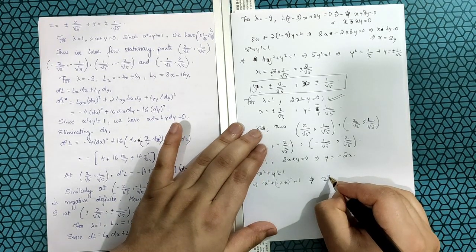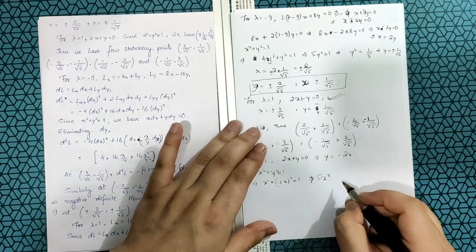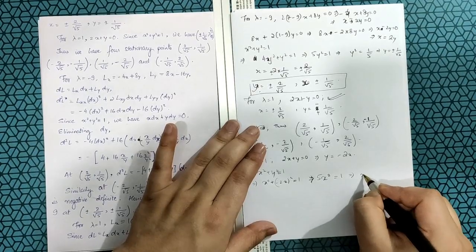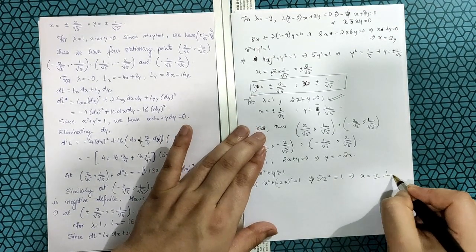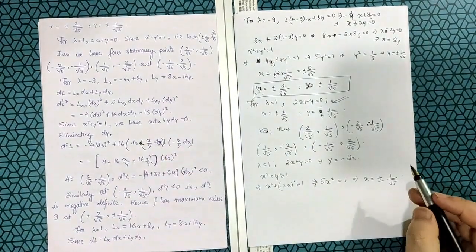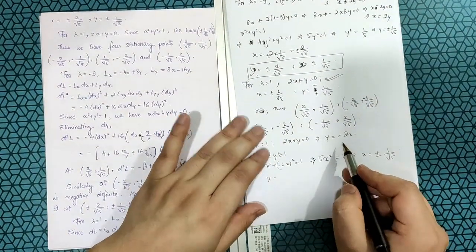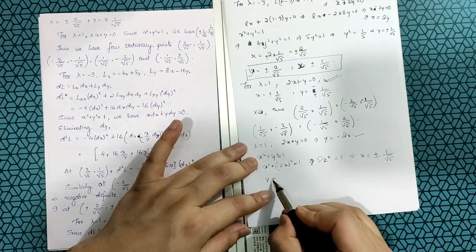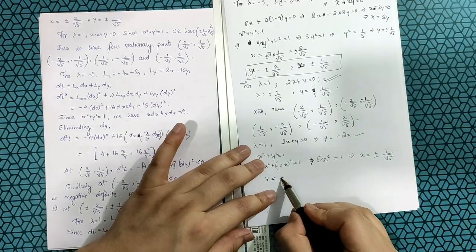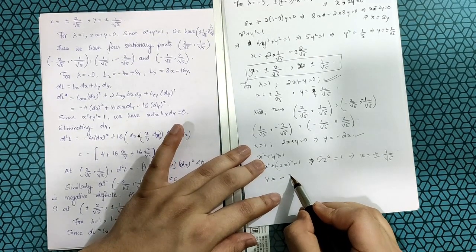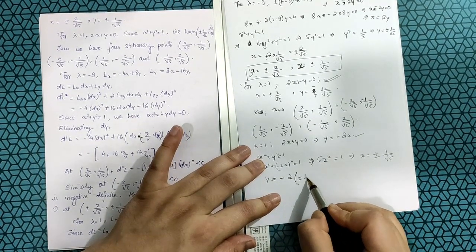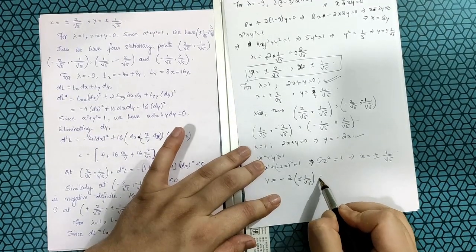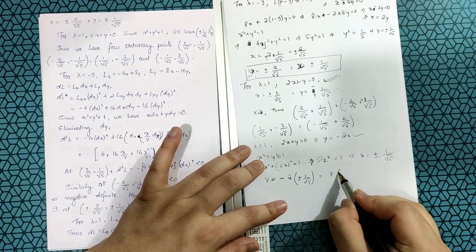So again we'll get 5x square is equals to 1, which implies x is equals to plus minus 1 by root over 5. But in this case y is equal to minus of 2 into plus minus 1 upon root over 5, which is minus plus 2 by root over 5.